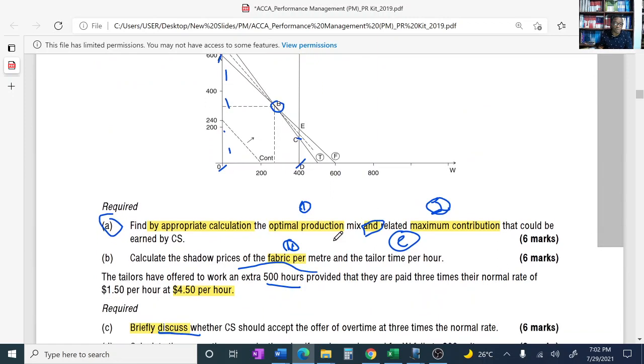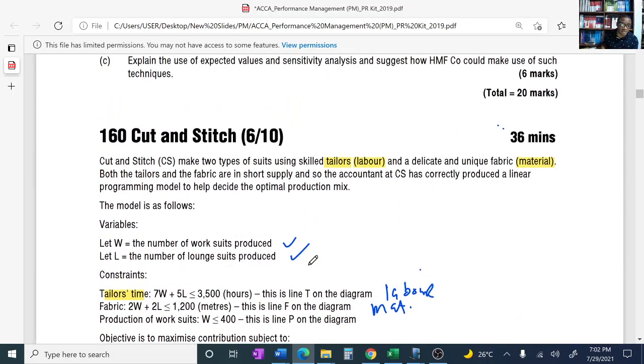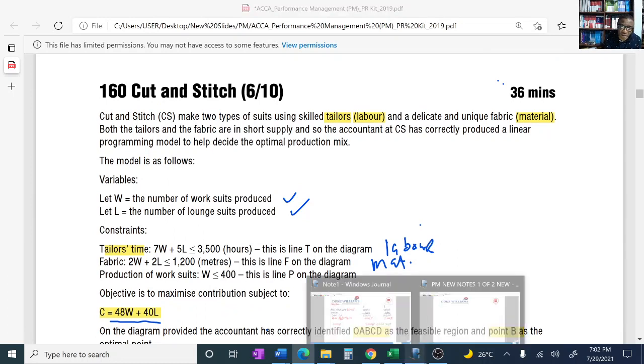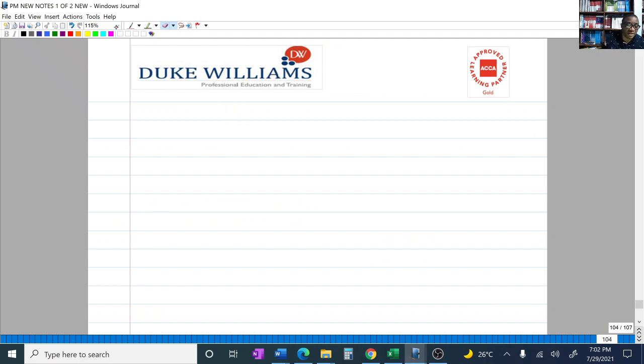All right. So we want to find by appropriate calculation the optimal production mix and the related maximum contribution. Now, looking at the two equations, I have 7W plus 7L, no more than 35, and then that as well. So, going back to basics, if I had to do this on paper, I'll say equation 1 would be 7L plus 7W equal to 35, and then 2W plus 2L equal to 1200, and that should be equation 2 if you want.